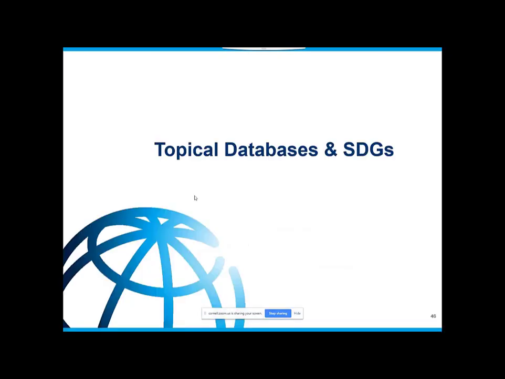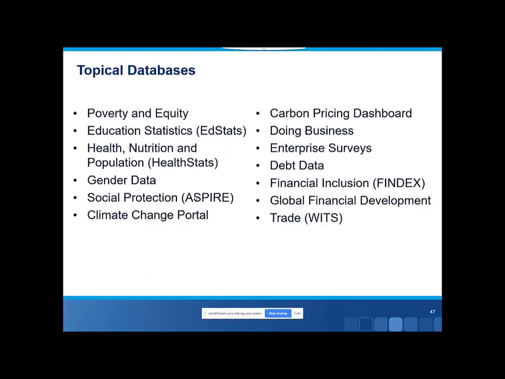Okay. In addition to general development databases and country-specific data sets, we also have databases which provide a more detailed and a more topic-specific subject matter data across countries. And I'll also talk about the SDGs. Here I listed some examples that may be of interest.